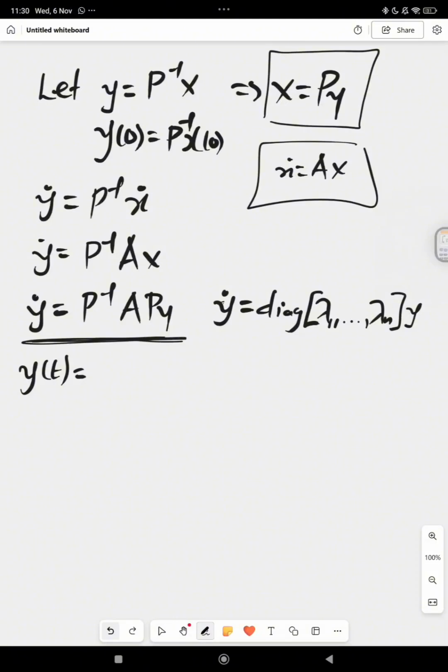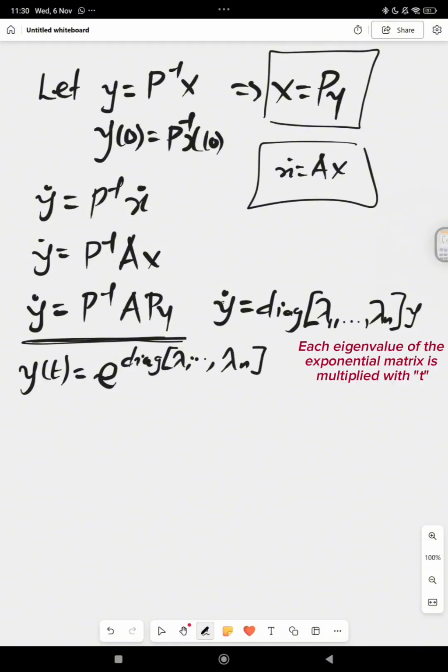To find the solution to this dynamical system that we have here, we find the exponential of the system. So we have e raised to the power the diagonal of the elements, lambda 1 to lambda n, multiplied by y of 0.